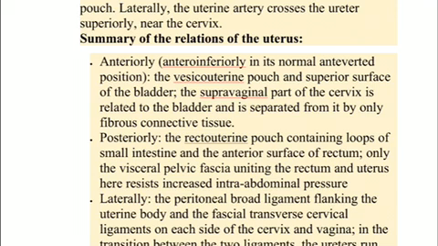Then the supravaginal part of the cervix is related to the bladder and is separated from it by fibrous connective tissue. Posterior relations of the uterus, you have the rectouterine pouch containing loops of small intestine and the anterior surface of the rectum.